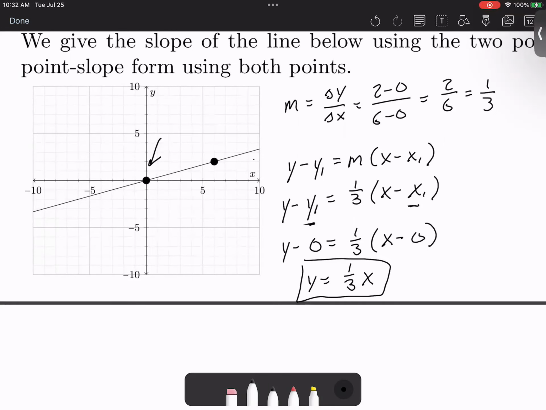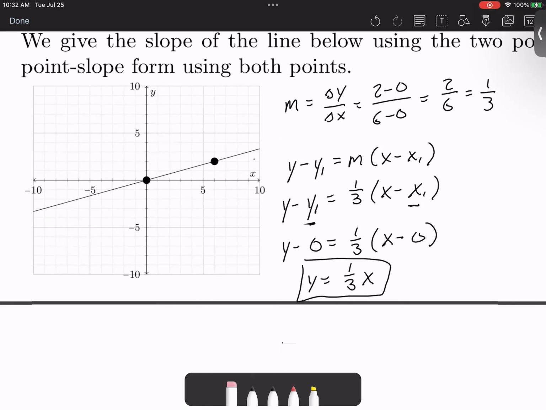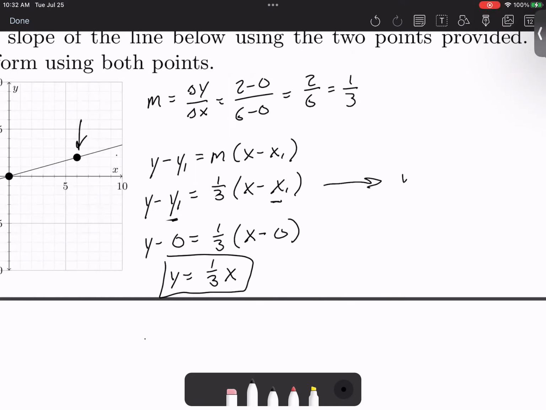Okay, so here's a relationship between y and x. So every point on this line is going to have an x and a y value that satisfies this relationship. Let's use the other point this time. So instead of the origin, let's use that point. The y value was 2, and the x value was 6.